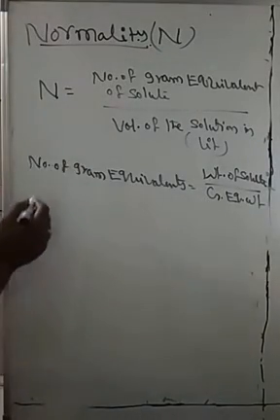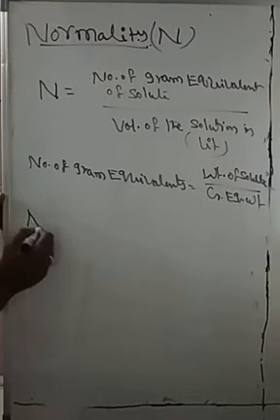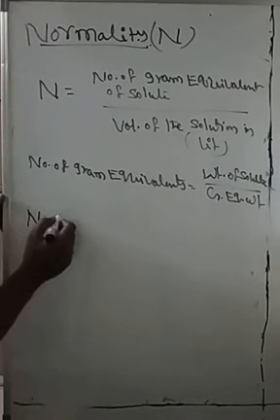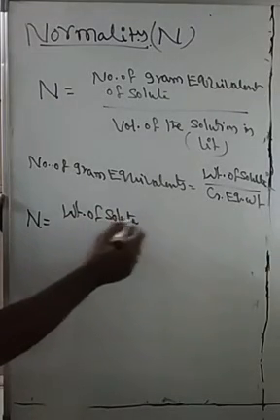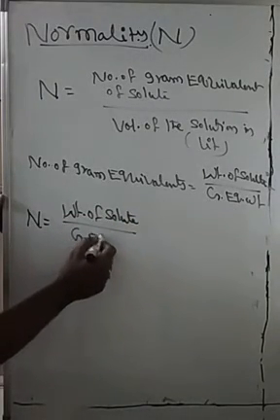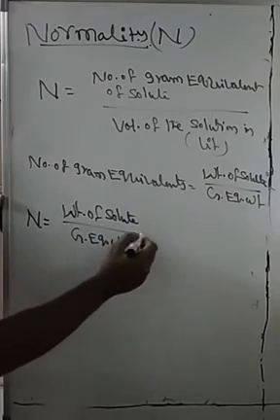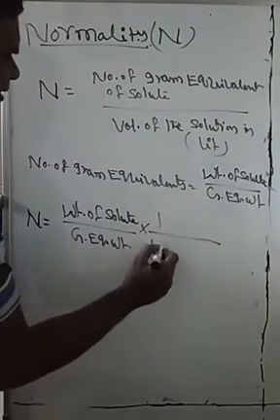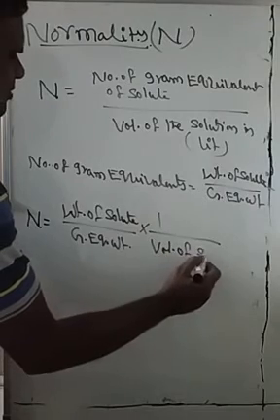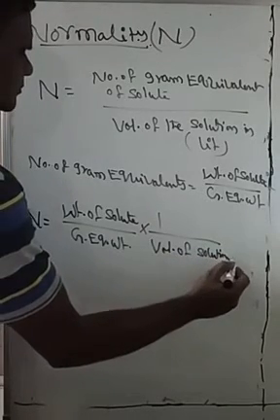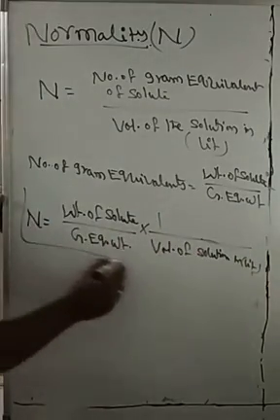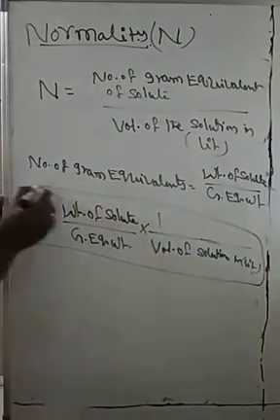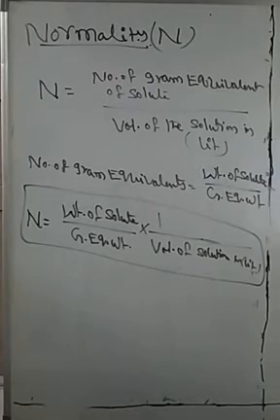So to write the final normality formula, normality is equal to weight of solute by gram equivalent weight of solute, into 1 by volume of solution in liters. This is the formula for normality according to the definition.